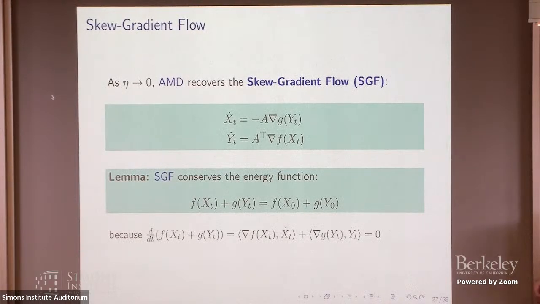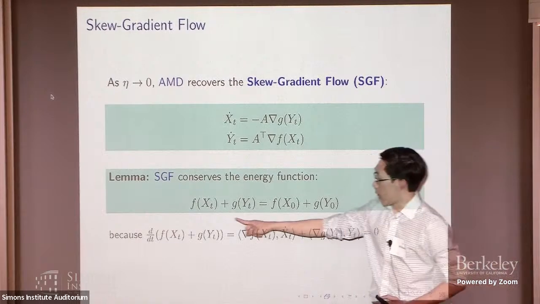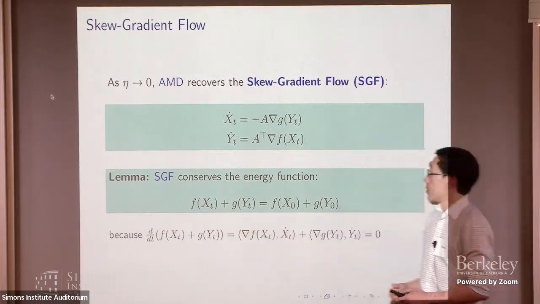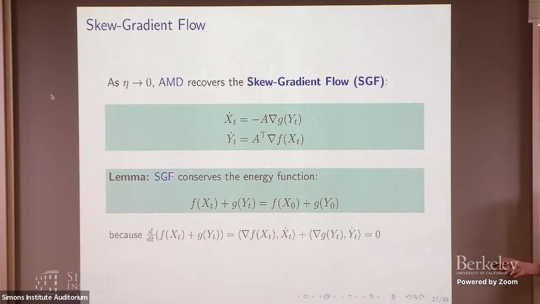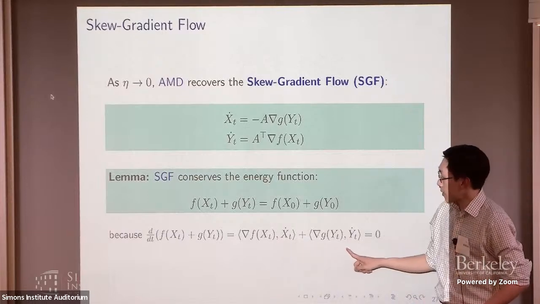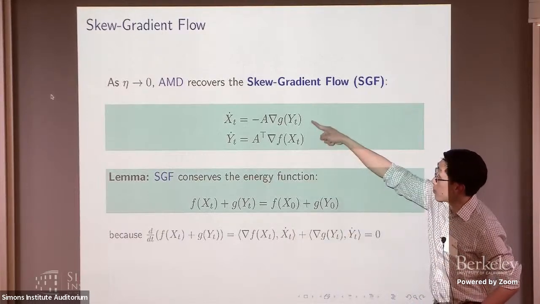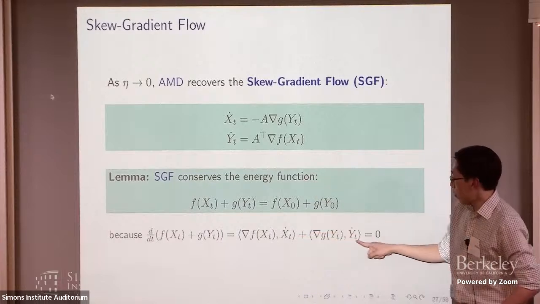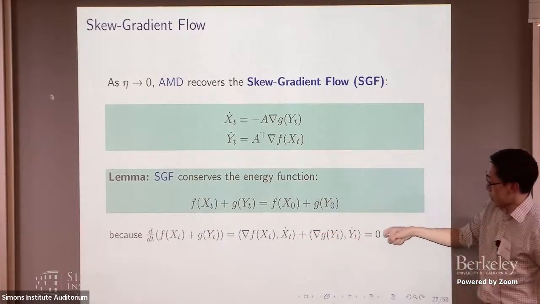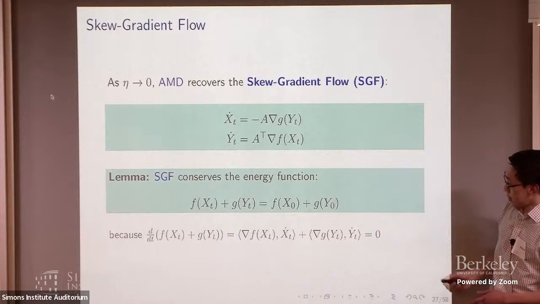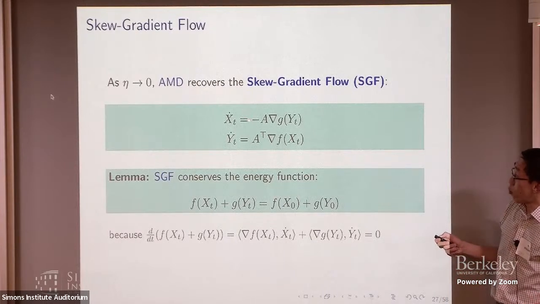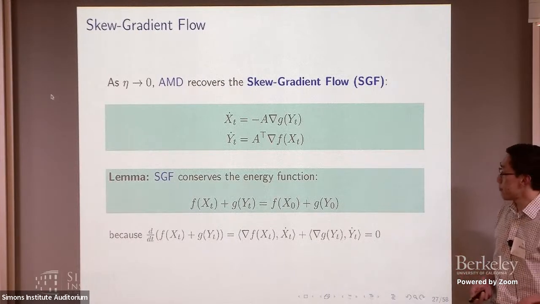Here we define energy to be this function f(x) plus g(y). This is easy to see because you can check that the time derivative of this energy function under this flow is equal to 0. This is by chain rule. If you plug in x dot to be this value and y dot to be this value, you get 0. And here is also where you see that it's important to have minus here and plus here, right?